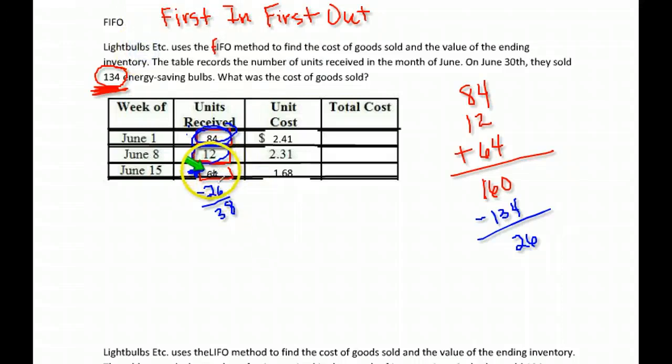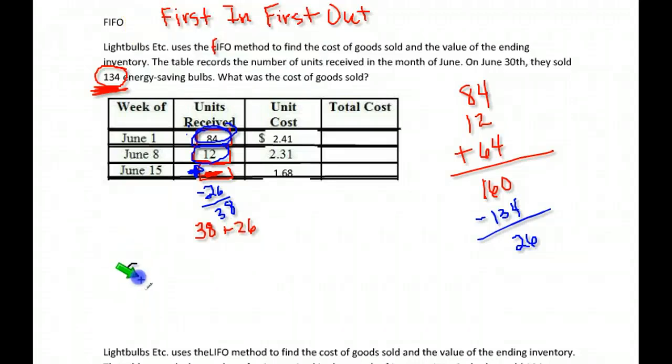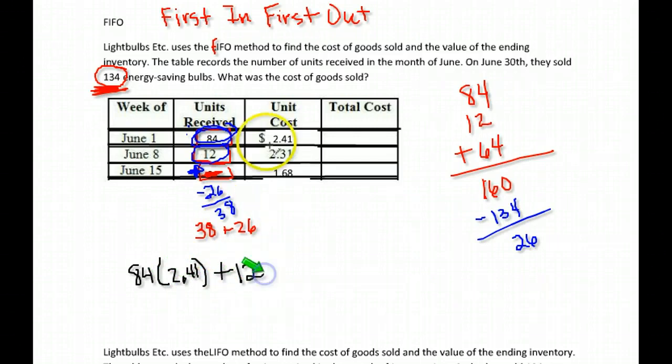So for this 64, I'm going to put, we sold 38, had 26 left over. Because when we're finding the total cost of goods, we're going to find the actual cost of each item we sold. So we come down here and we go, okay, we sold 84 that were $2.41 a piece. Then we sold 12, if we look up at our chart here, that's where I'm getting these numbers, and they were $2.31 a piece.